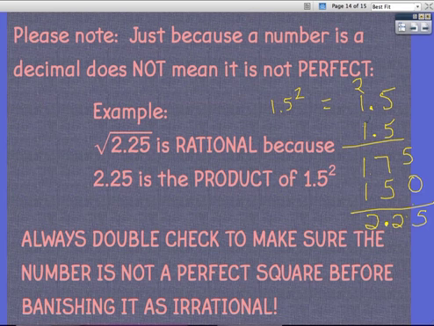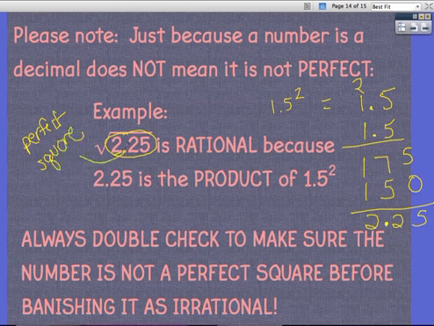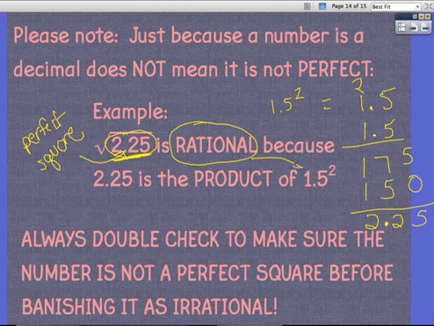Because I took 1.5, multiplied it by itself, or squared it, and ended up with 2.25, 2.25 is a perfect square. And because the radicand, what's under here, is a perfect square, this square root of 2.25 is rational. It's actually 1.5.